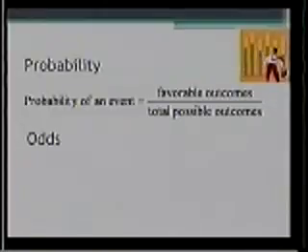If we are rolling a number cube, there are a total of 6 different possibilities. If we would like to roll the number 2, there's only one of those favorable outcomes on the die. So when we roll the number cube, to get a 2, the probability would be 1 out of 6.